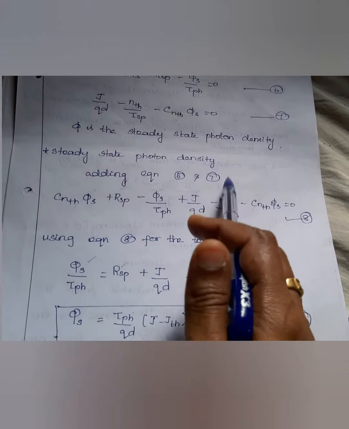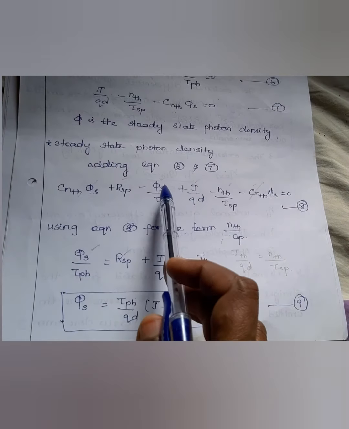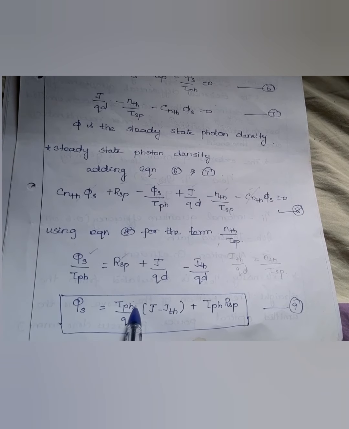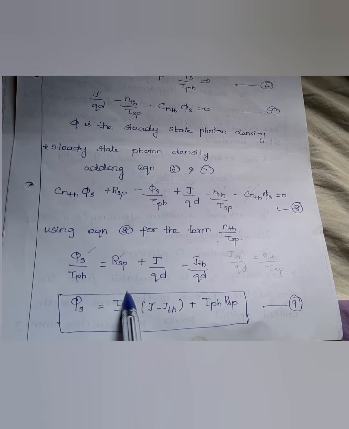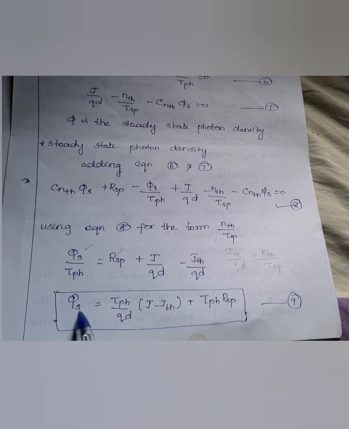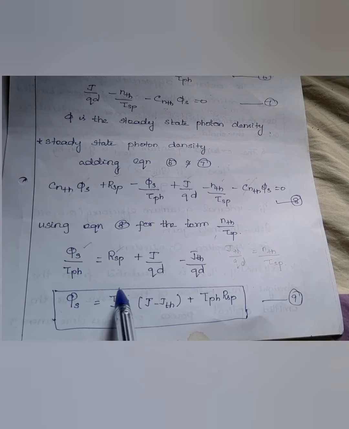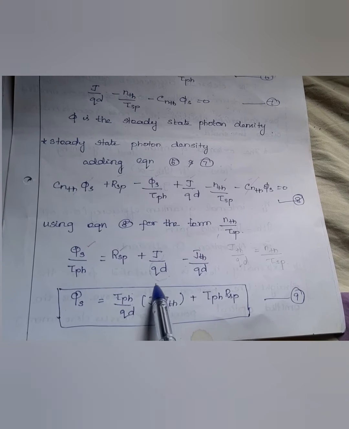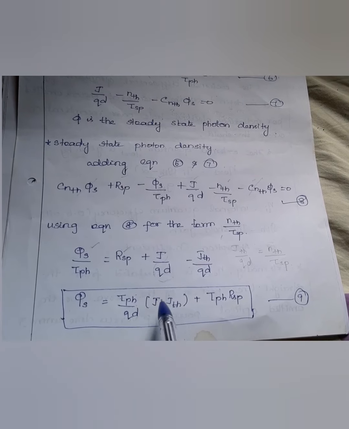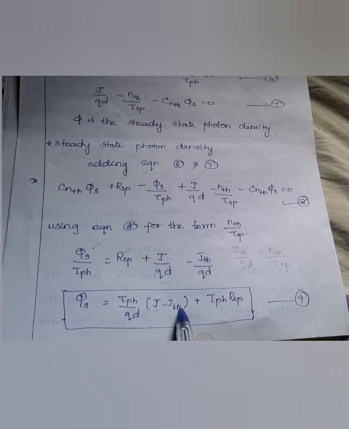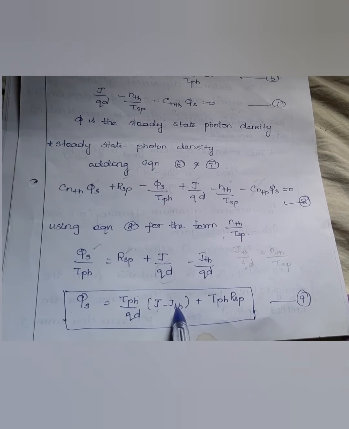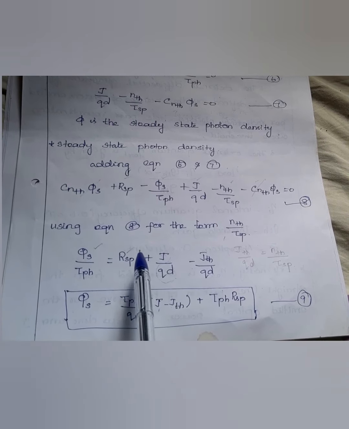Now using this equation, you can find the value phi s by tau ph. Take tau ph to the other side, and it becomes tau ph by qd, where J is written as J minus jth.